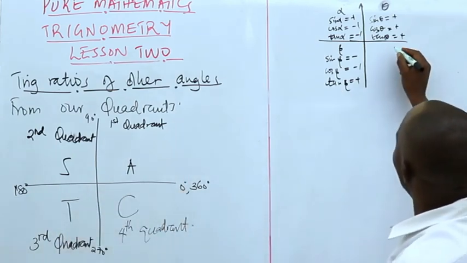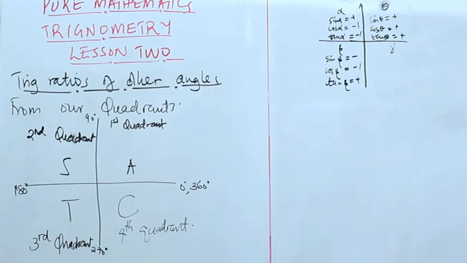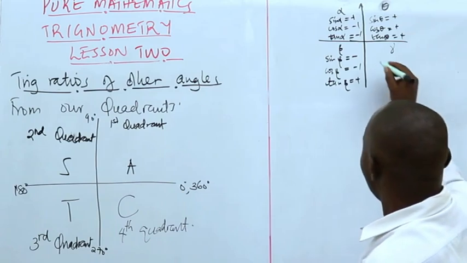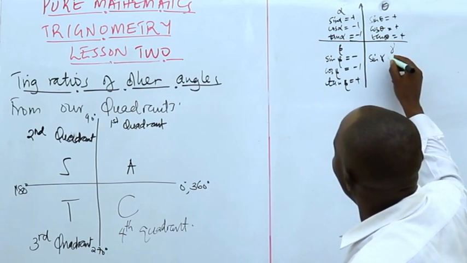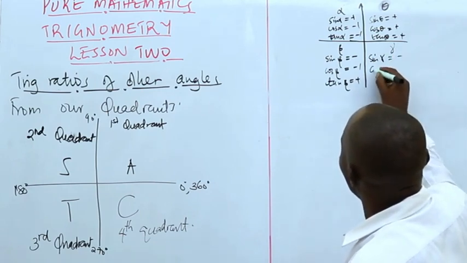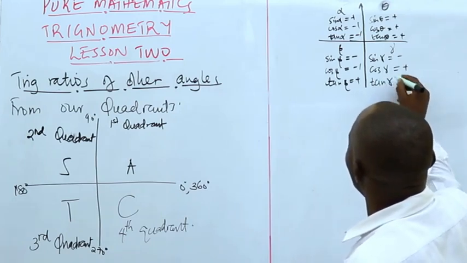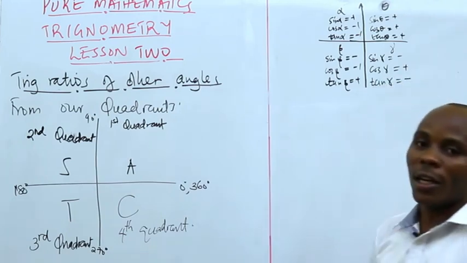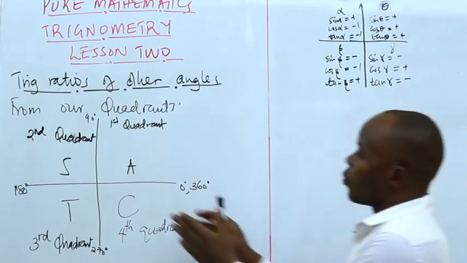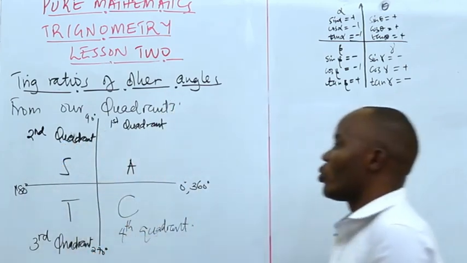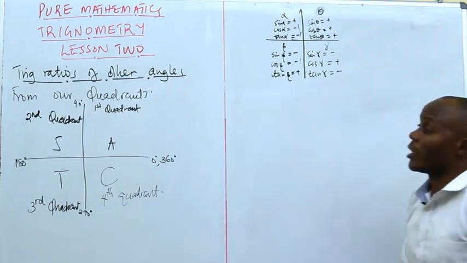Then when I go to the fourth quadrant, I can talk of an angle there as gamma. So sine of gamma is negative, cos of gamma is positive, and tan of gamma is negative. As you can see, all that information is trying to demystify and ensure that what I've written here makes some sense.